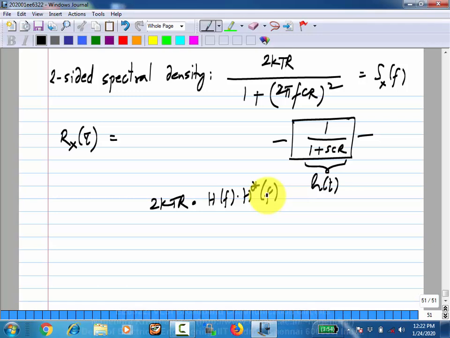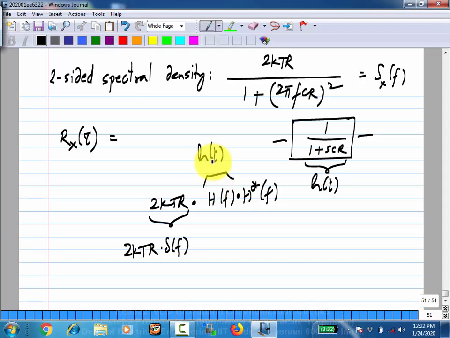Now I won't prove this, you can show that. In terms of autocorrelation, what is the autocorrelation of white noise? 2kTR delta of f. Okay. And this multiplication in the frequency domain, what is this in the time domain? Convolution. What is it getting convolved by? H of f corresponds to an impulse response of the filter, right?